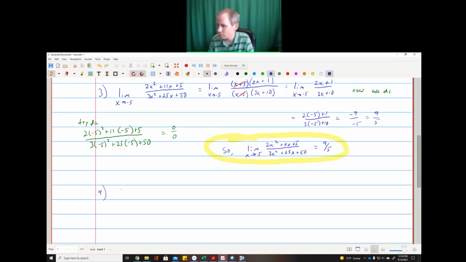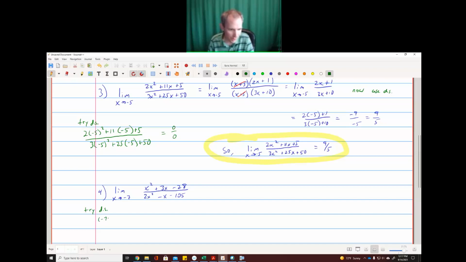All right, let's look at problem 4. The limit as x approaches negative 7 of x squared plus 3x minus 28 over 2x squared minus x minus 105. Okay, let's try direct substitution.